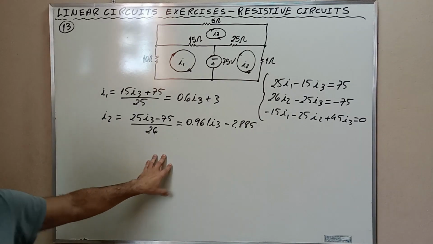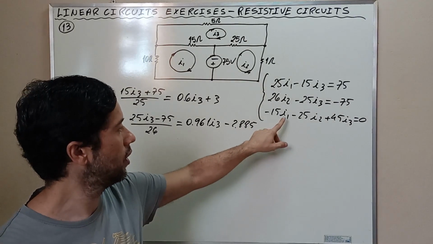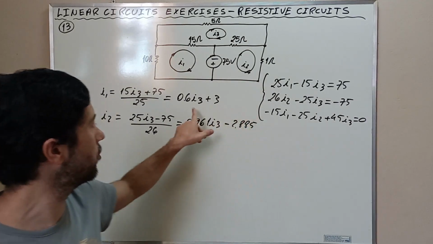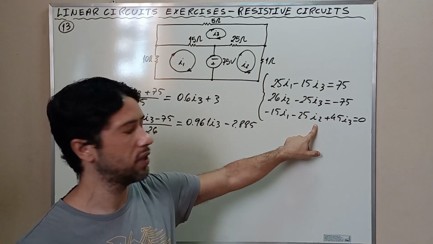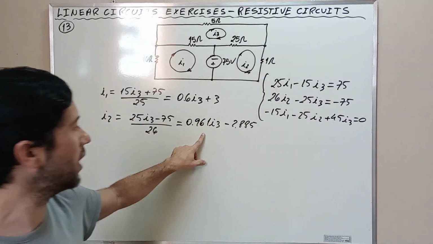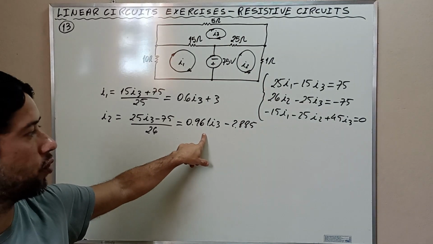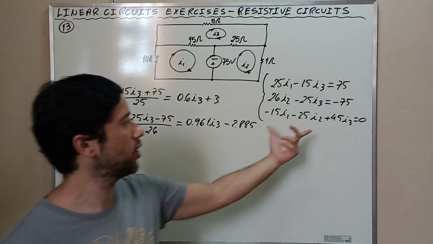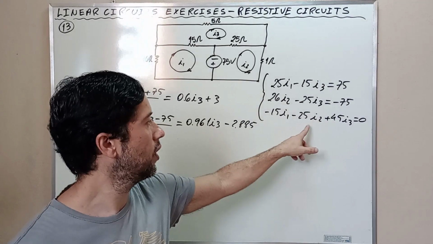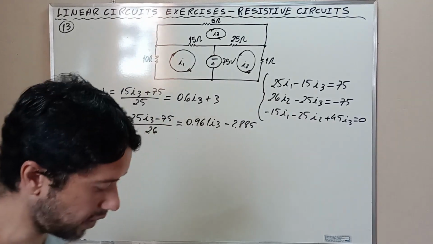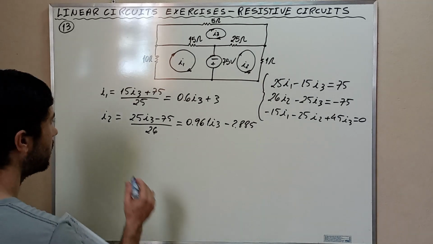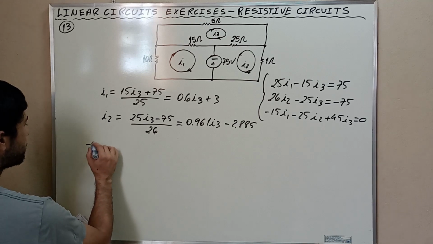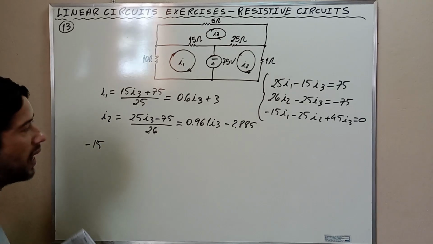What can we do now? We can substitute here. Instead of I1, we are going to have this expression in terms of I3, and here instead of I2, we are going to have this expression in terms of I3, okay? And we are going to have one equation in one variable, and the variable is I3. We are going to substitute, and we're going to find that negative 15 times I1.